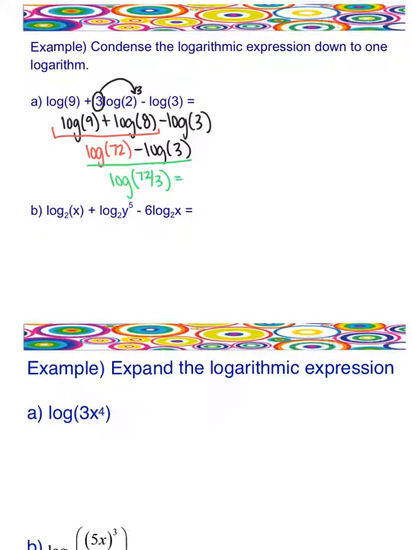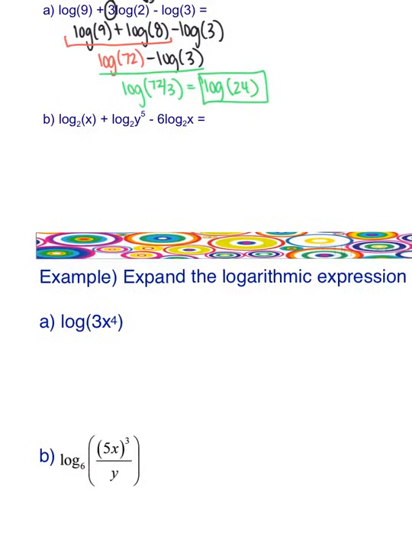And when I take 72 divided by the 3, I'm going to get a 24. So I'll get log base 10 of 24. So I've condensed this expression of 3 logarithms being added and subtracted into a single logarithm. All right, let's take a look at our next example.